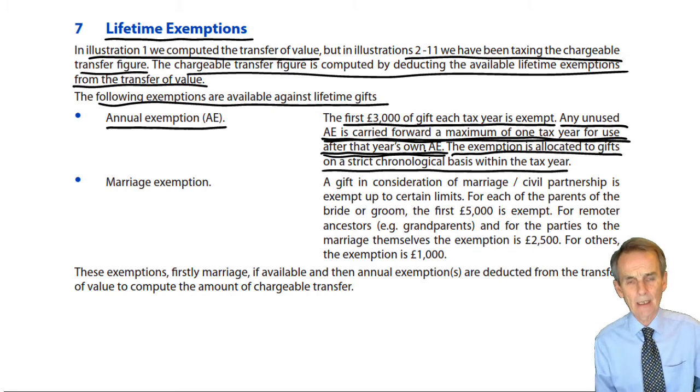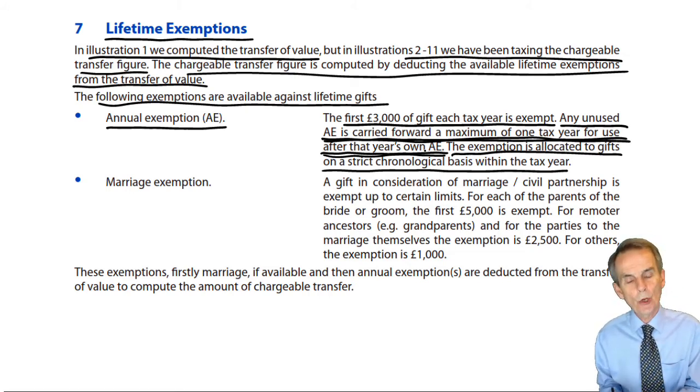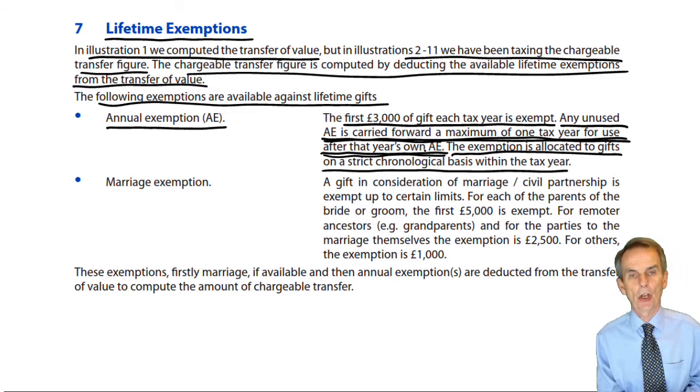As we'll see in an example that follows just a little further down the page, when that first transfer comes along in 21-22, we will use the annual exemption, or AE as we'll call it from now on, for 21-22 first. We use the current year's annual exemption first, before then using the unused annual exemption brought forward, if there is one, from the previous tax year.